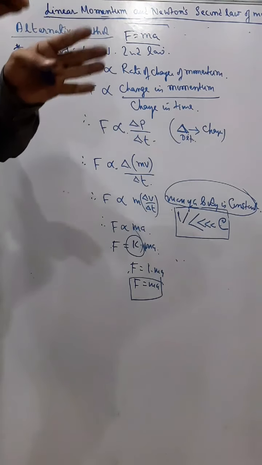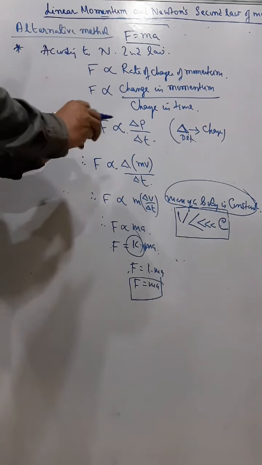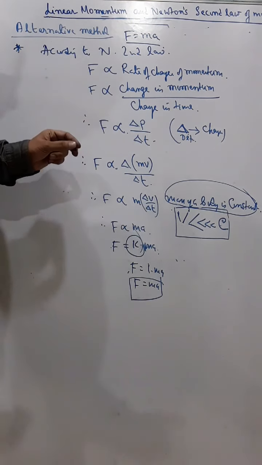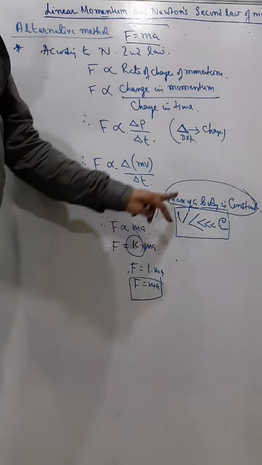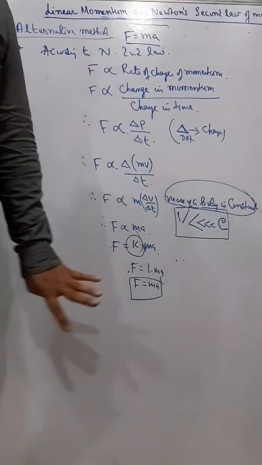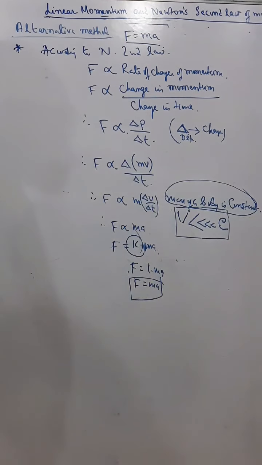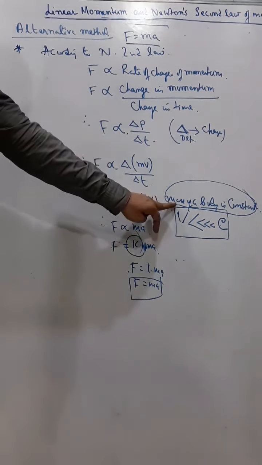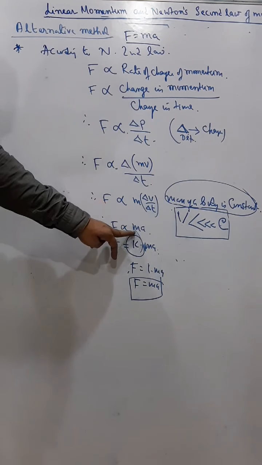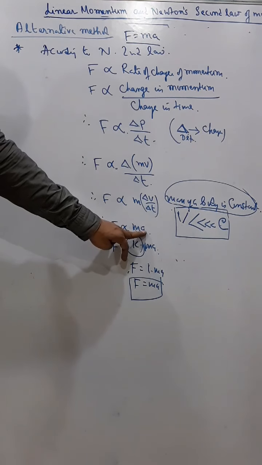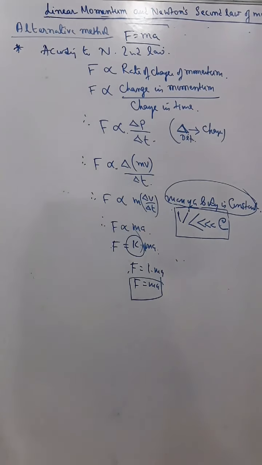Okay, it is out of your scope, but a little part is there, so I'll explain you after this. But you should first understand this concept: when the mass of the body is constant and when the mass of the body is not constant. So if the mass of the body is constant, then only the mass is coming out, and then only m into a is happening. Understand?